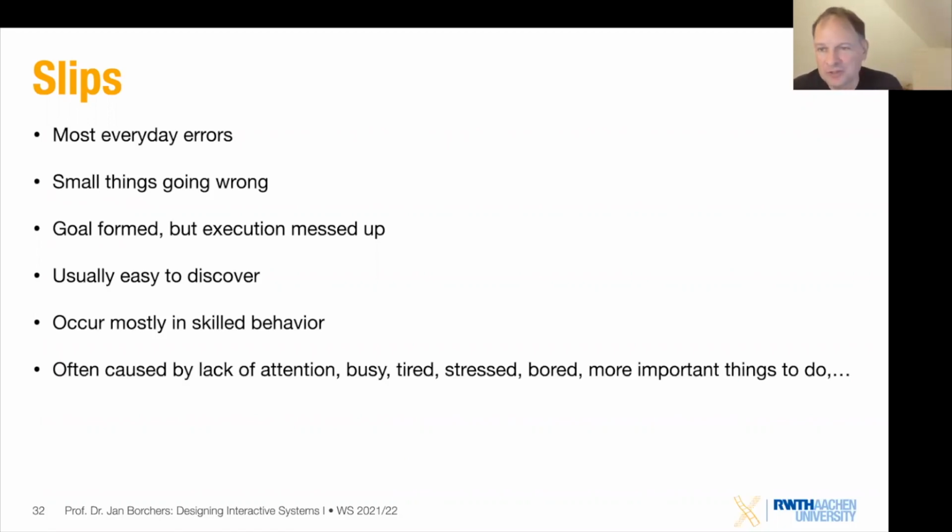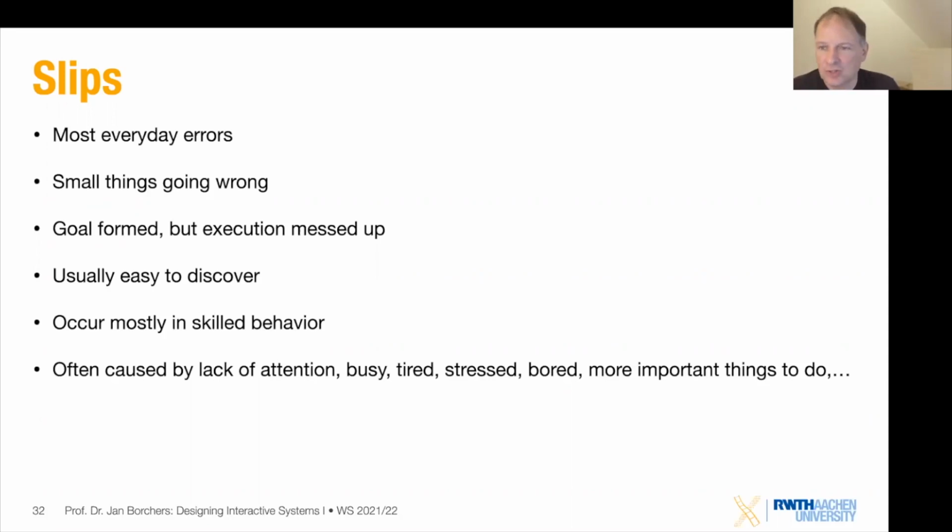So they often happen because of lack of attention, because you're busy, or because you're tired, or because you're stressed or bored, or you just have more important things to do. So all these terrible accidents that happen when planes crash, a lot of these are ultimately reduced down to pilot error, right? And many of these were because of one of those reasons.